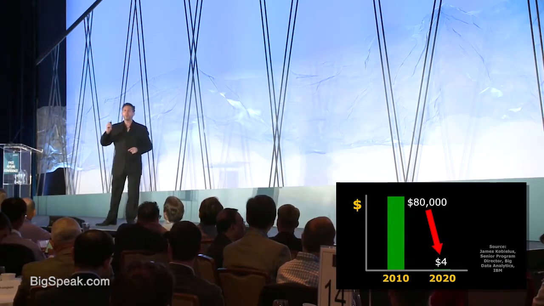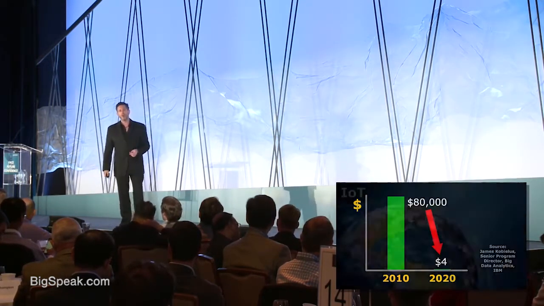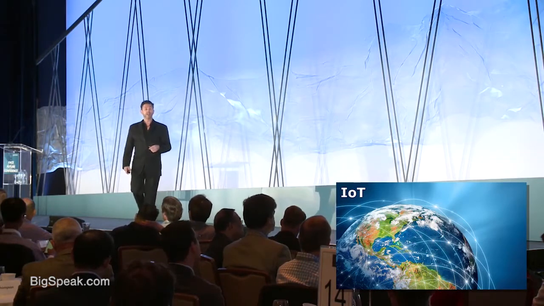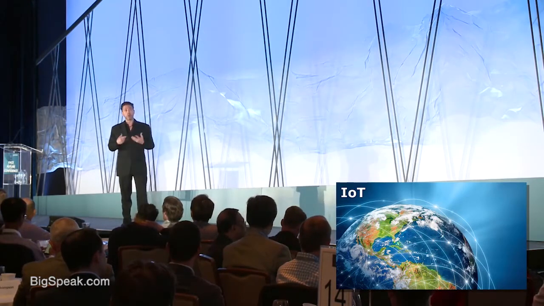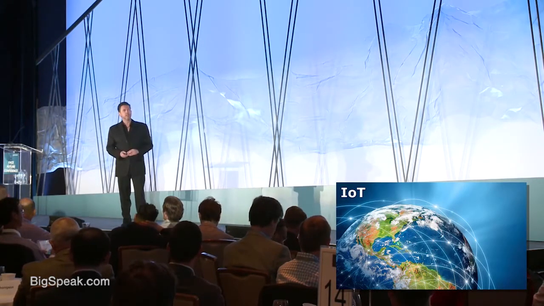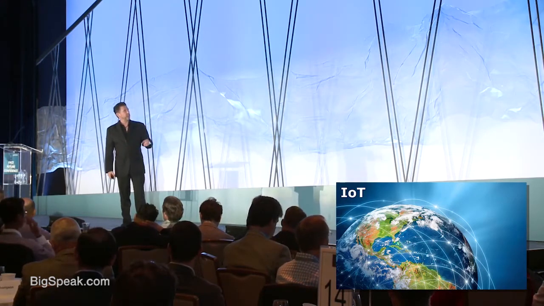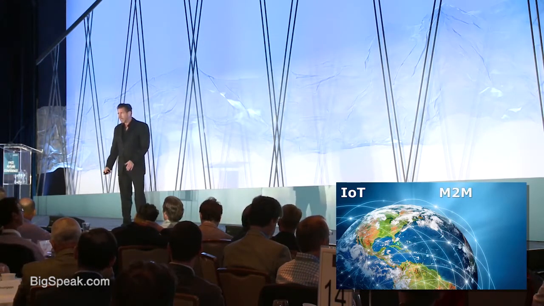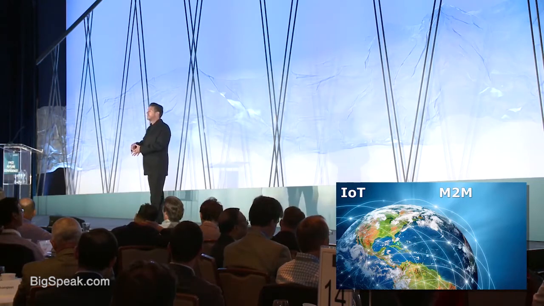We'll talk about it. But one of the biggest areas of innovation right now, as you're all aware, is the IoT, the Internet of Things, and more importantly, perhaps, the industrial Internet of Things. Some people call it M2M. There are projections that we're going to have 50 billion devices connected by 2020, and now there are people saying we're actually going to beat that number. So we're getting all this innovation.